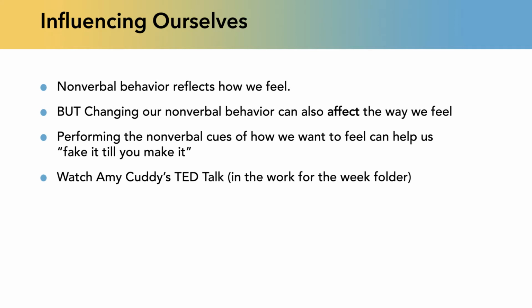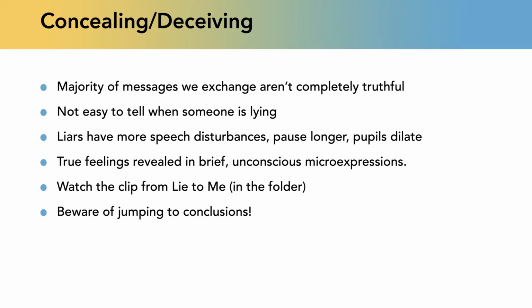The last, nope, sorry, number 5 has to do with either deceiving people or concealing information. A lot of the messages that we deliver are not completely truthful. I would say they're not outright lies, but sometimes we shade the truth a little bit.